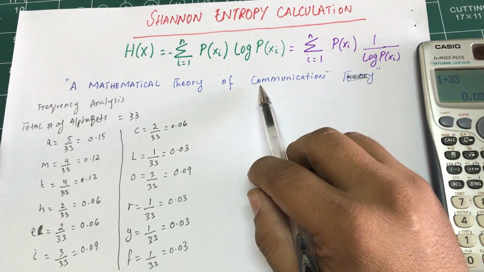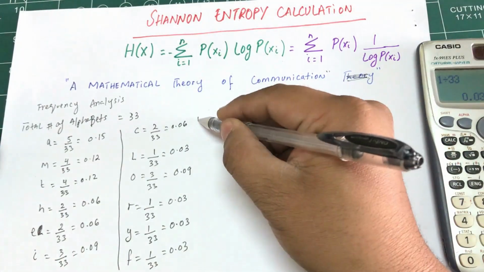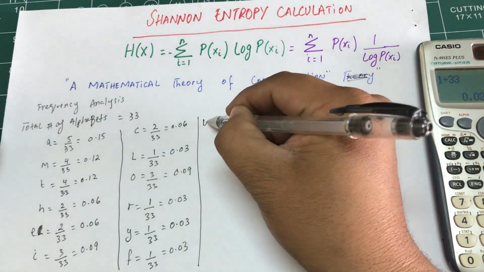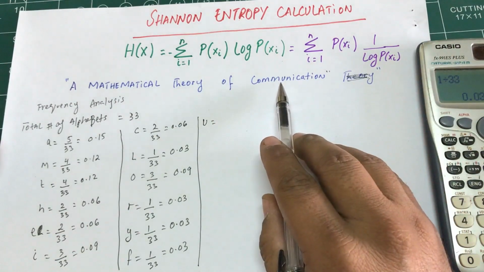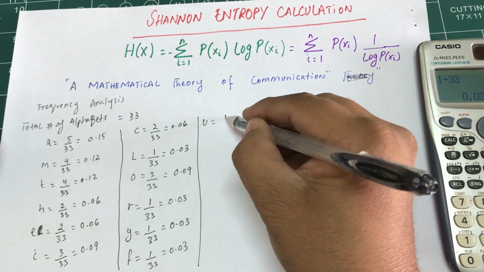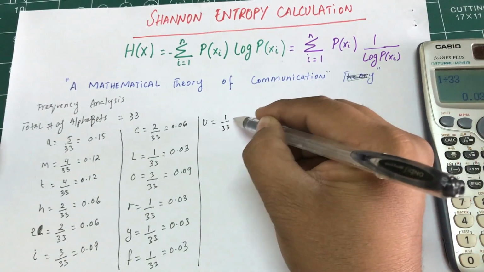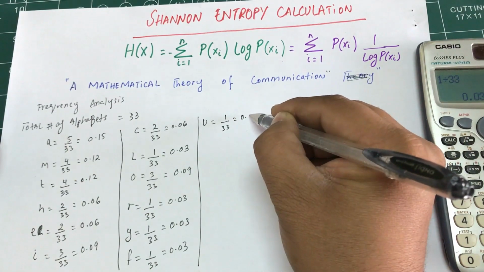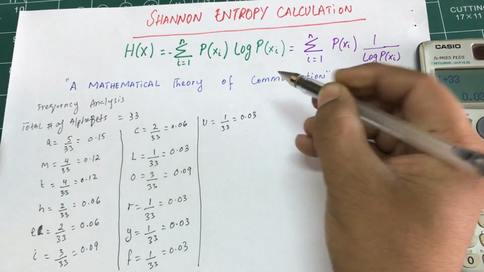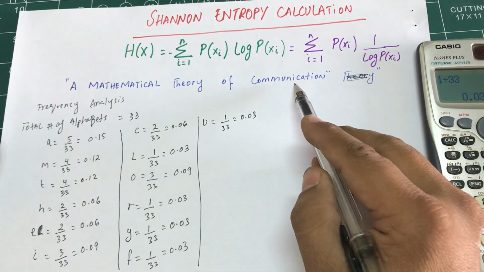C, we're done with C, we're done with O. What about U? Okay, U is also there. U has occurred only 1 time. So this is going to be 1 over 33, which is 0.03. What about N?